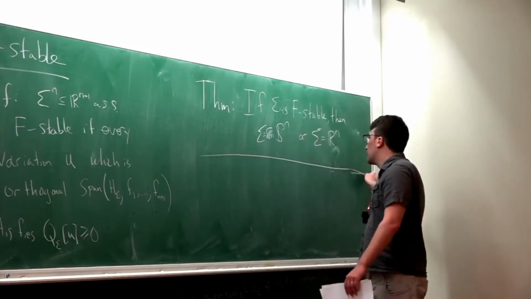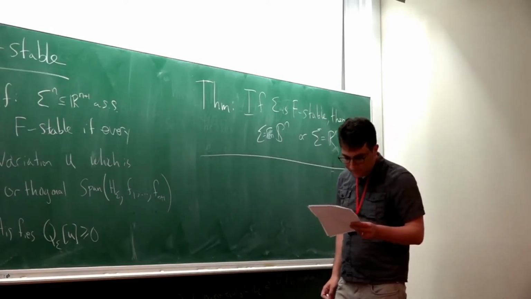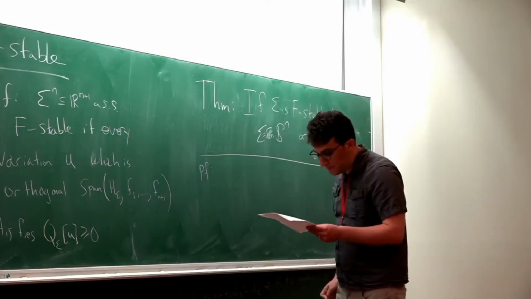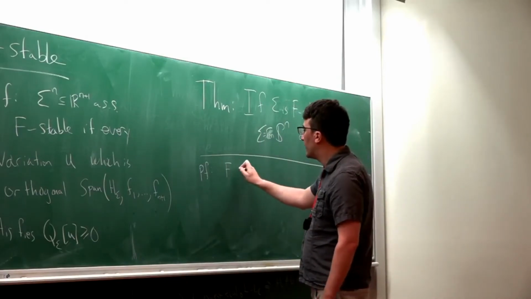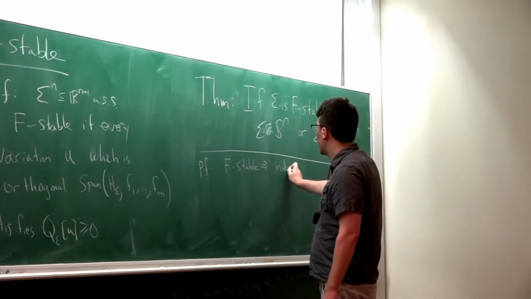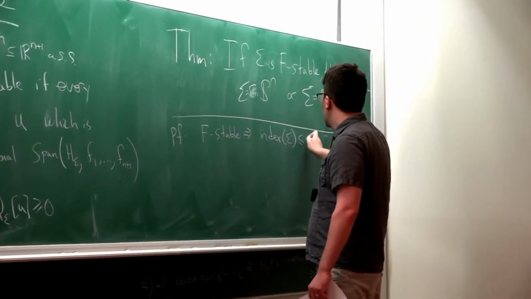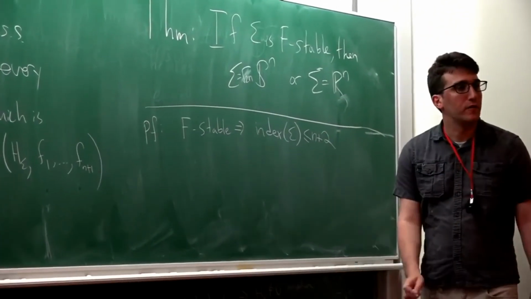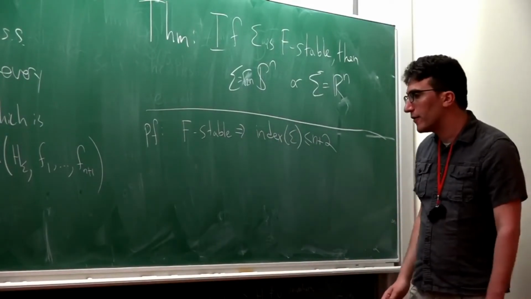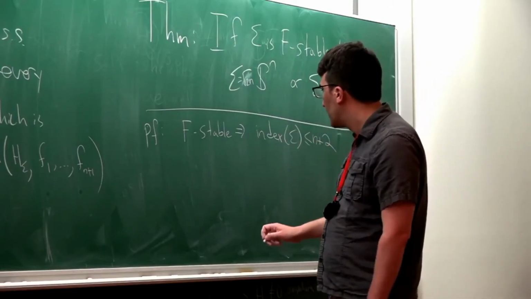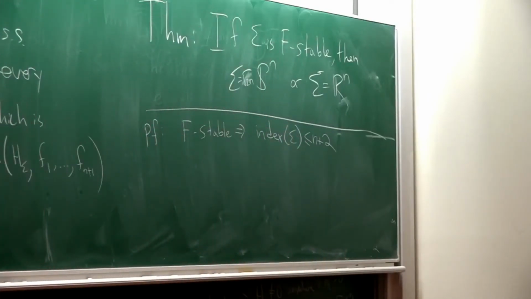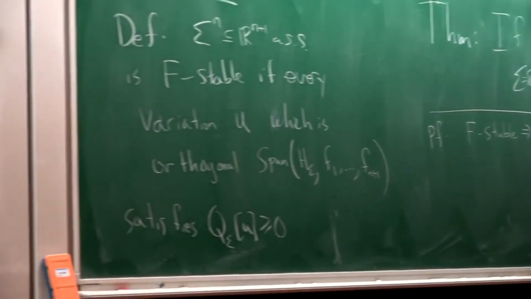So again, if you want to think about the proof, essentially the idea is that we expect F-stable should imply that the Morse index has the index bound we just proved. And then the idea is that you can cook up, right? We won't have to prove this, but if you do prove this, then you're a generalized cylinder.